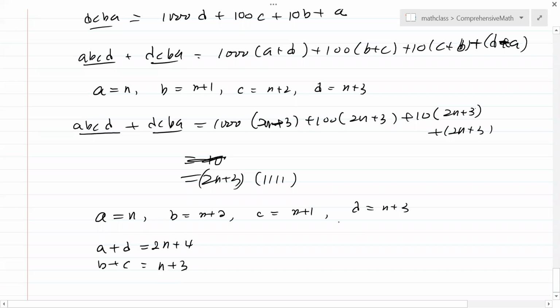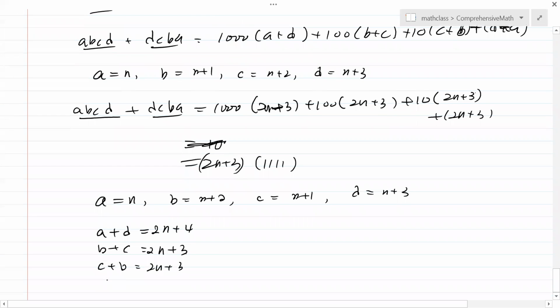A plus D, and that's B plus C, and C plus B, it's the same, and D plus A. Okay, in this case, it's not working.